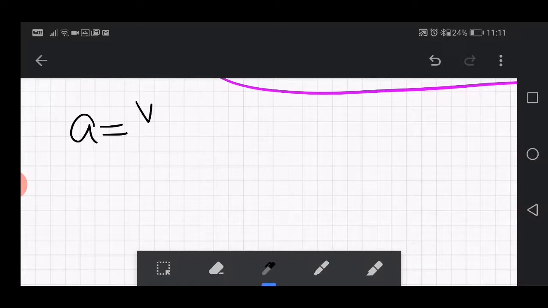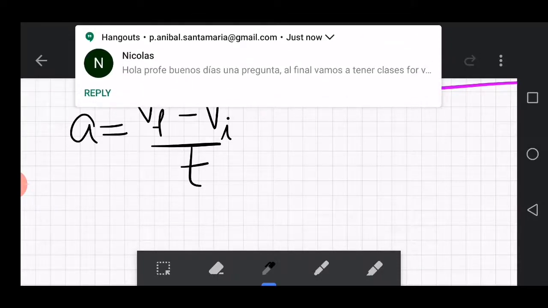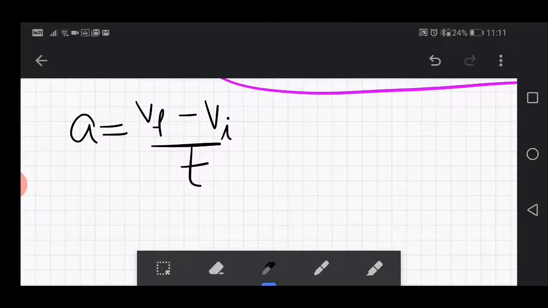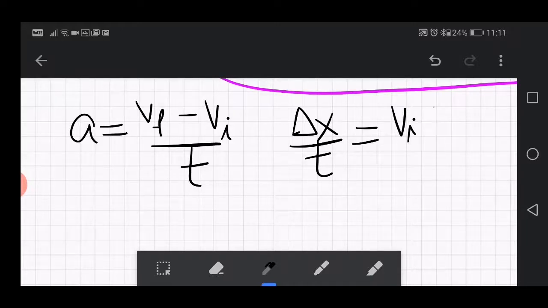Acceleration is equal to final velocity minus initial velocity divided by time. And your second formula, sorry about that, is displacement divided by time is equal to initial velocity plus final velocity divided by 2.